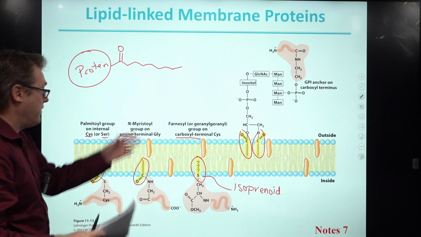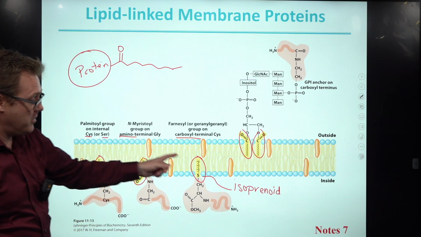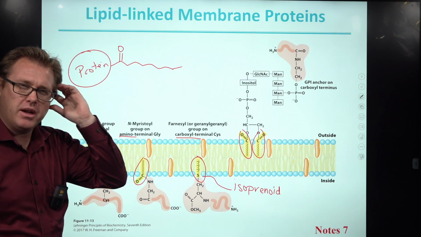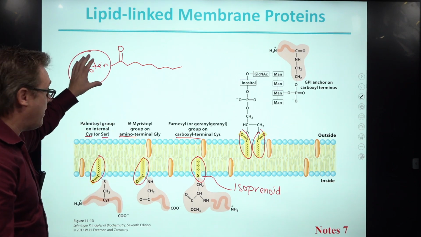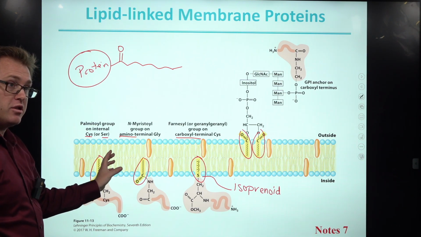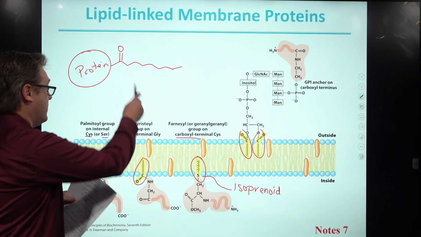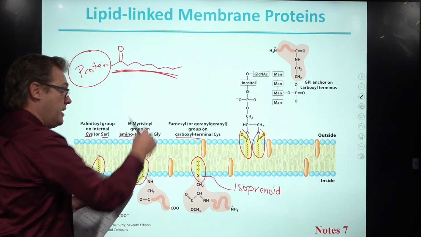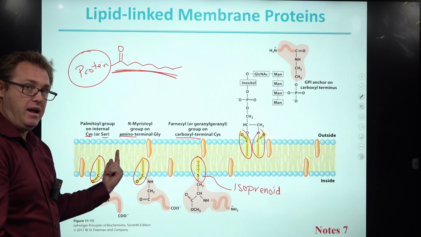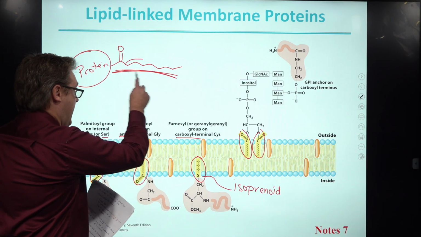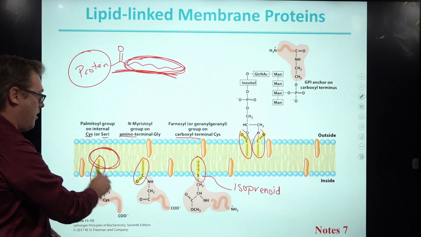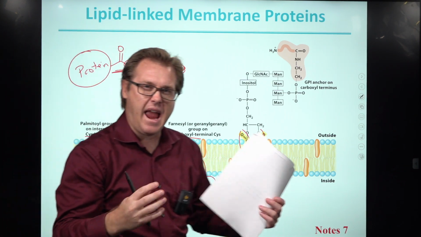Okay, there's our fatty acid, or it could be an isoprenoid. So we add a fatty acid. Why do we want to do that to the protein? Because now this protein can come get close to the membrane, and then this hydrophobic piece right here is just going to insert itself into the membrane. And because that fatty acid right there is going to associate with all the lipids in the membrane, it kind of anchors it there.